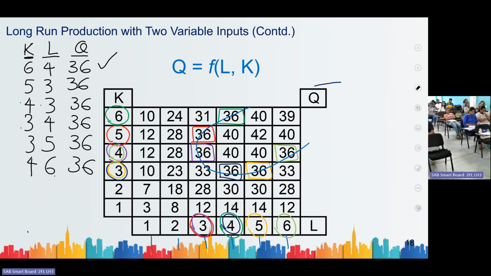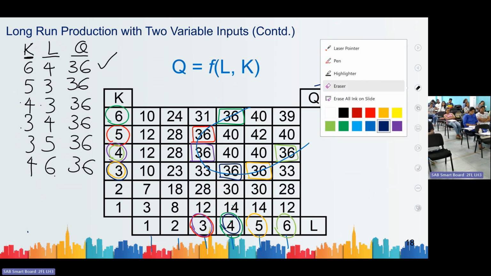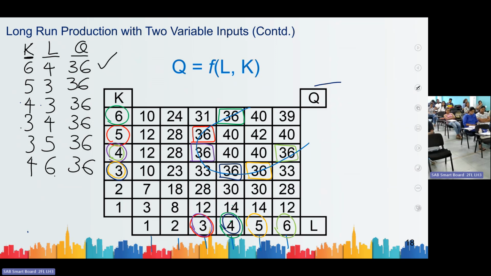This kind of curve is called an isoquant curve. Iso means equal. Quant stands for the quantities.